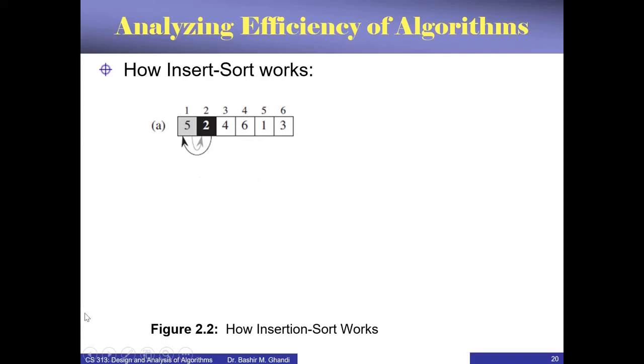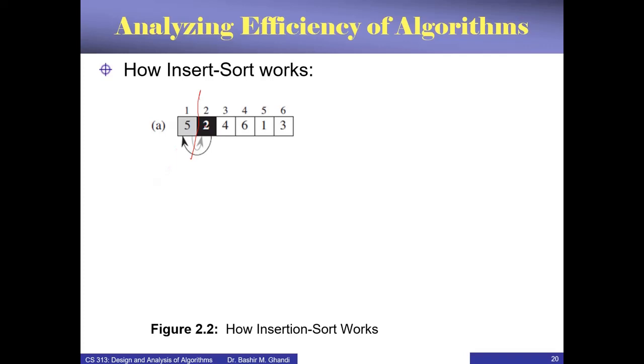As I said initially, we're going to assume the sorted part is just the one element 5. And now we're going to go through the rest of the elements in the unsorted part one by one. Each iteration of the outer loop, the for loop, will take one element here and try to insert it in the sorted part.